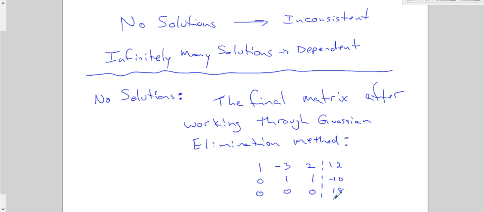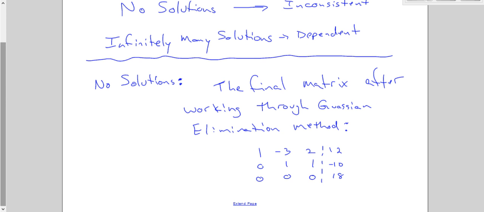Your constant is a non-zero number, and this is trying to say that you have no variables, but you still have an answer of 18 in this case. If you ever end up, after working through all the work, having zeros and then a number, that is a no solution. So right here in this row would tell us we have no solution.